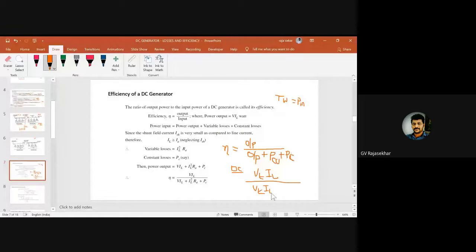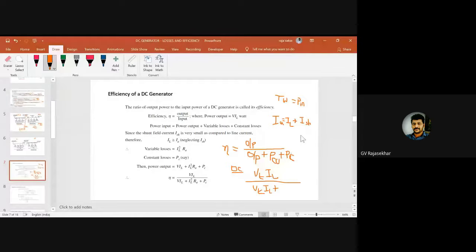Plus, neglecting shunt field current, actually IA is equal to IL plus ISH. The armature current is divided into two parts: one is going to the load and another is going to the field winding.